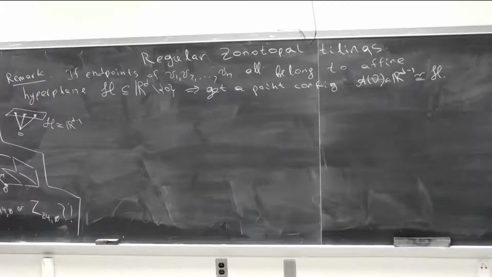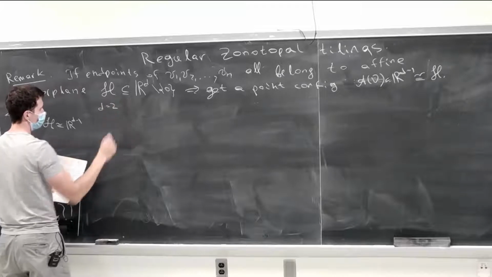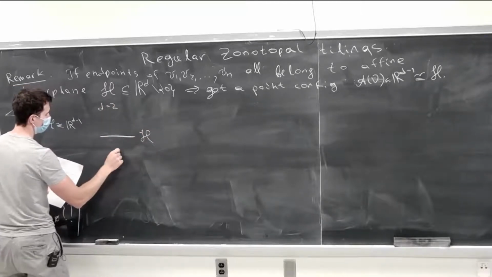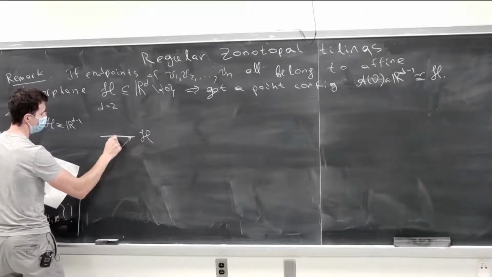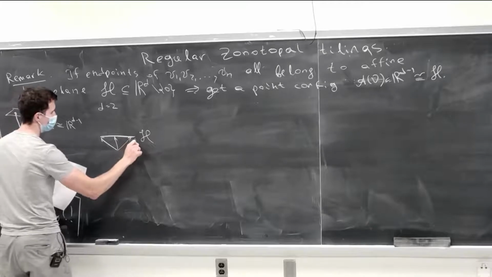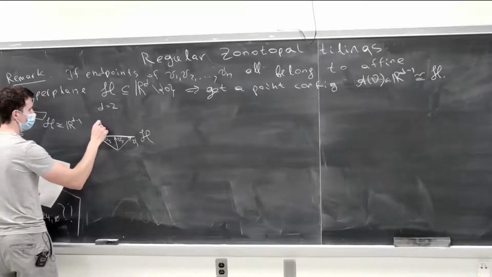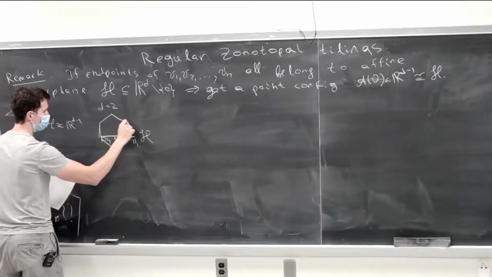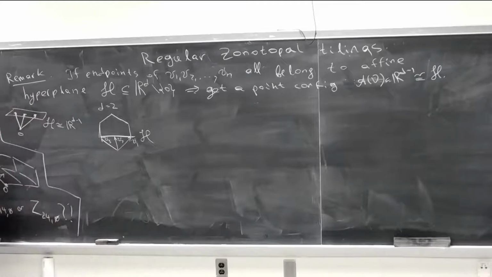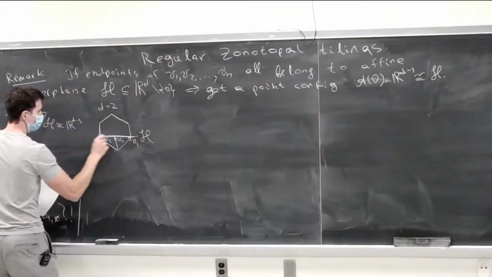Yeah, so let me try to draw a picture. Let's say d is equal to 2. So here is H, it's a line. And then my 3 vectors maybe look like this: V1, V2, V3. And the zonotope is going to be a hexagon like this. Let's say H should be green.